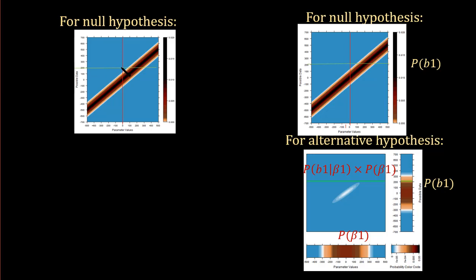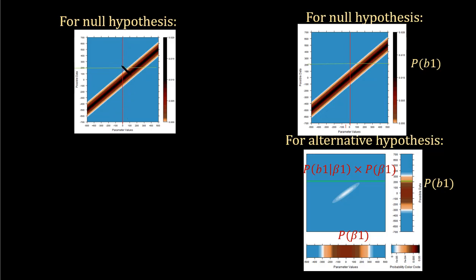So here, where the parameter value 0 and the number 200 intersect, this is a probability value which is in the blue area, that means it's a very, very small value. Remember, the values that are not zero for the parameter values are not considered, so we can only look at that.